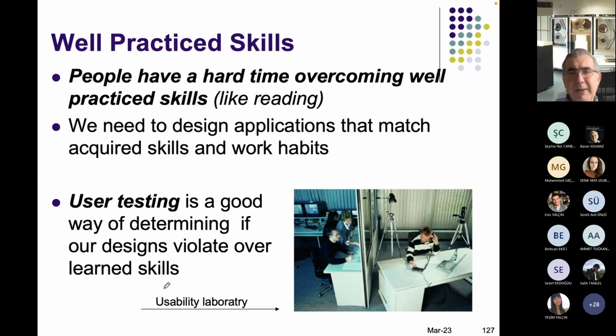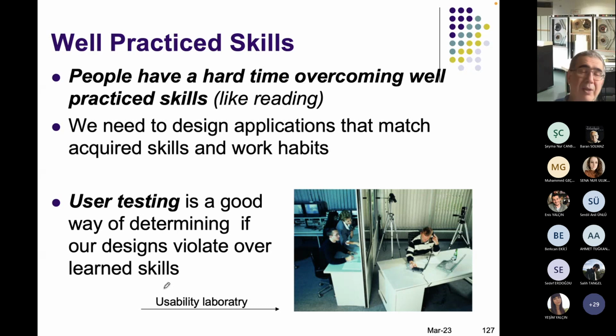So when people have well-practiced skills, like reading from left to right, or a language, it is very difficult to overcome well-practiced skills. For example, language accent, writing with the right hand, writing like this with the new students, or typing with the Q keyboard or F keyboard.